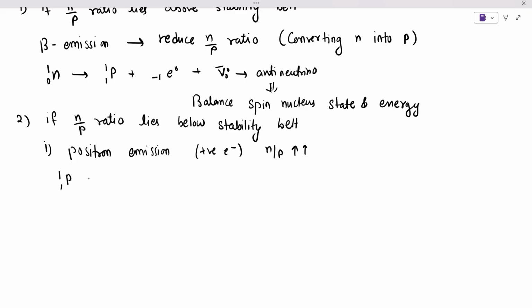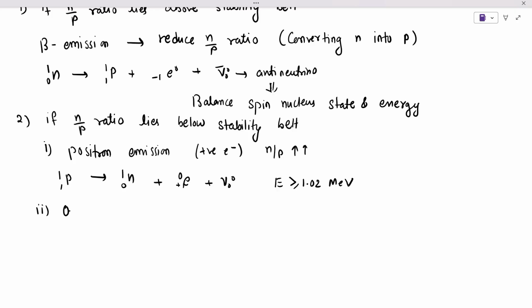One proton is converted into one neutron and produces one positive electron plus neutrino. This reaction occurs when energy is greater than 1.02 mega electron volt.